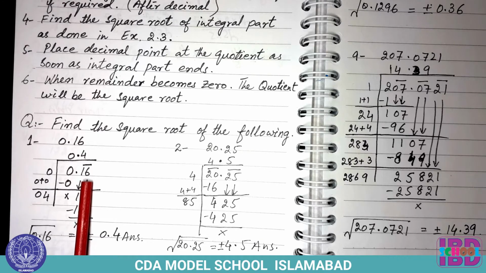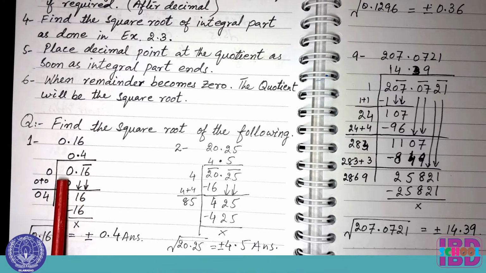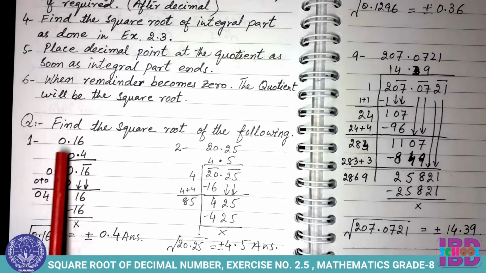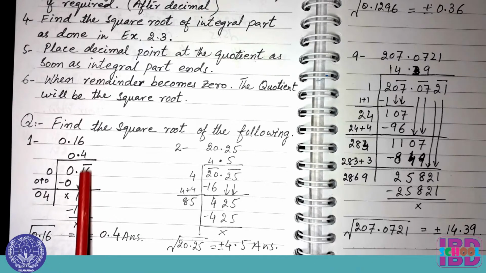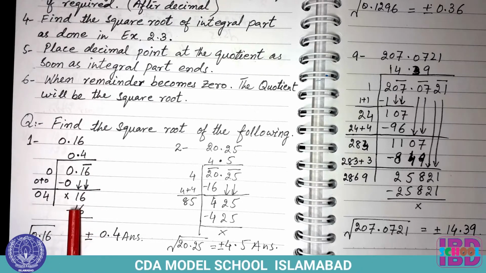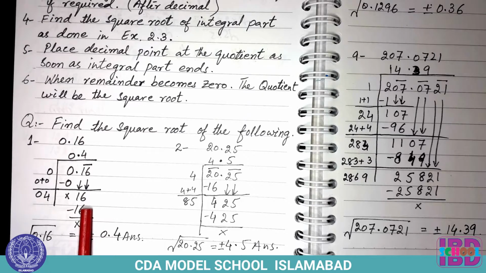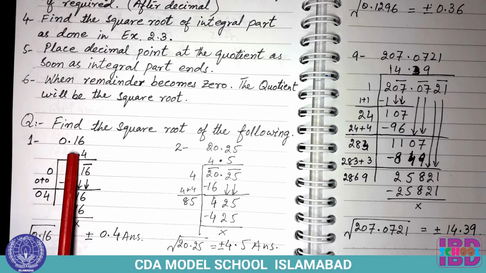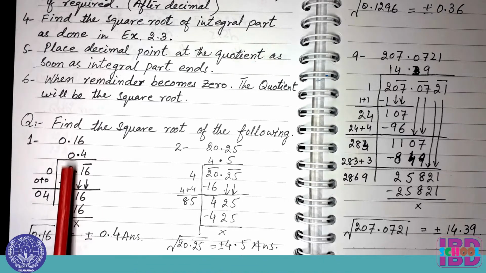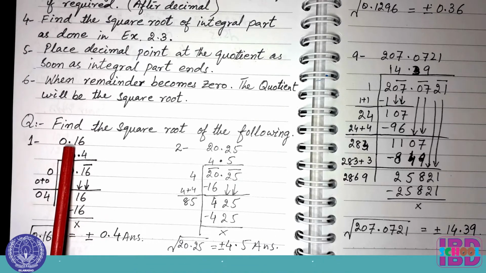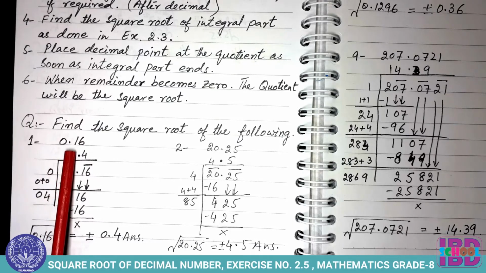Now start, we have 0 in the integral part. Here 0 into 0 is equal to 0. So we note the pair 16 down, but it is after the decimal. So before writing this pair down, we have to shift the decimal point in the quotient just above.